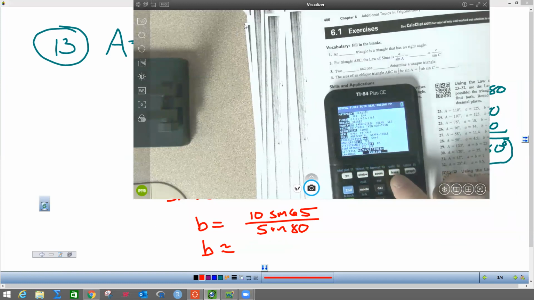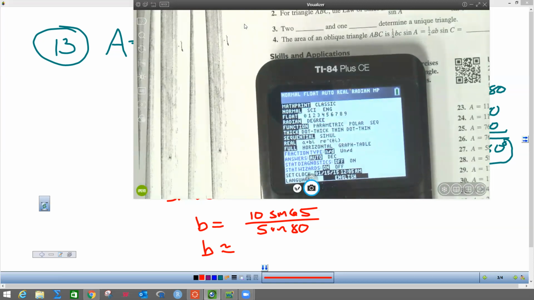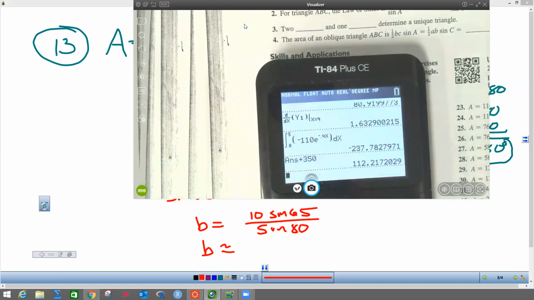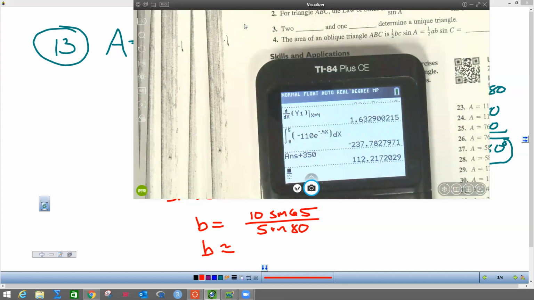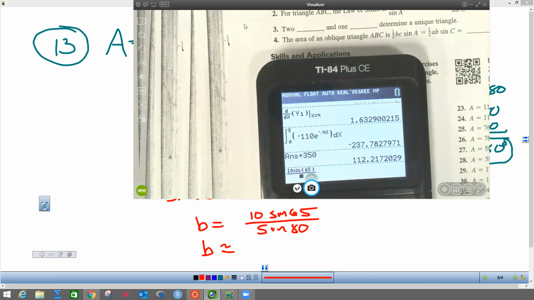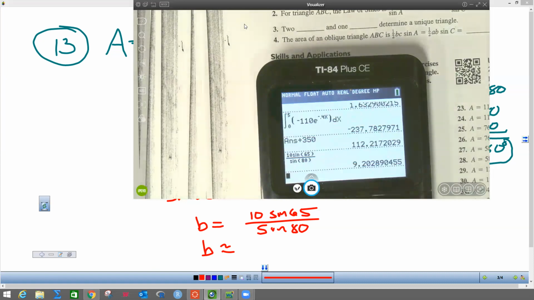So let's see, my mode is in radians, so I got to change it to degrees. Now I'm going to type that in. So I'm going to hit alpha y equals 1. I'm going to get 10 sine 65 divided by sine 80. So there's my answer. So the 3 places, we're going to call that 9.203.